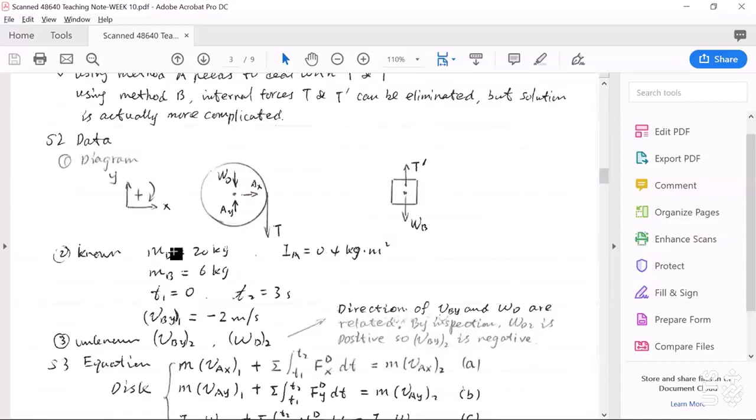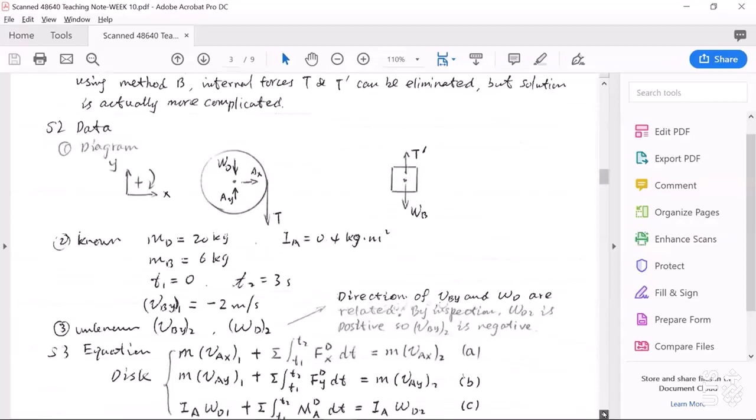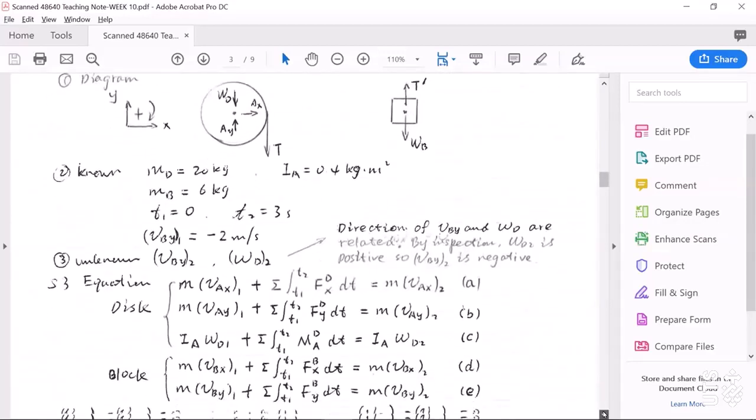Here we already know the mass of this disk and the mass of this block. IA is already known, it's 0.4. That's the MMI of this disk about this point A. Time interval: we can define T1 as 0, so T2 will be 3 seconds.